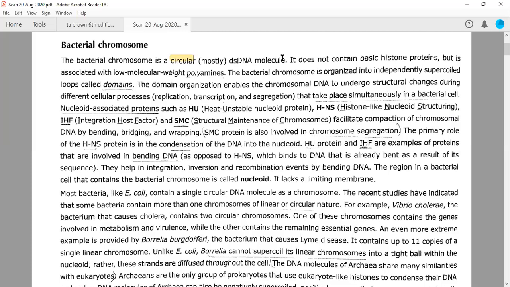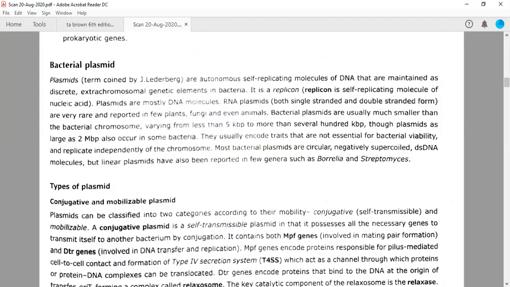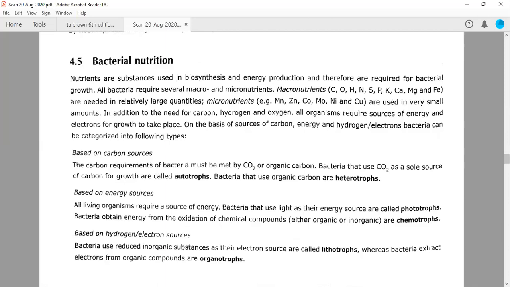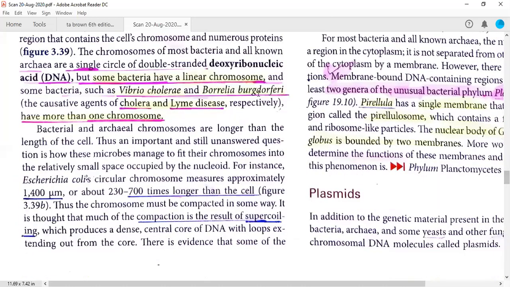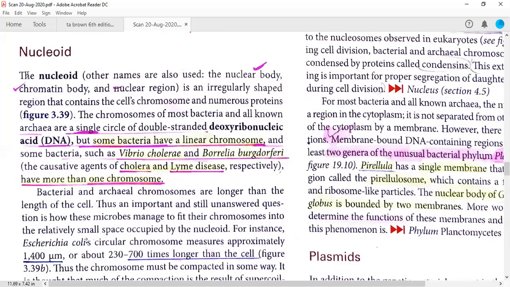You need to note these names. The nucleoid region or the bacterial chromosome, you can call it nuclear body, chromatin body, or nuclear region. In bacteria it is an irregularly shaped region.